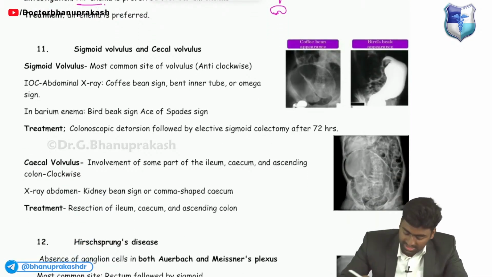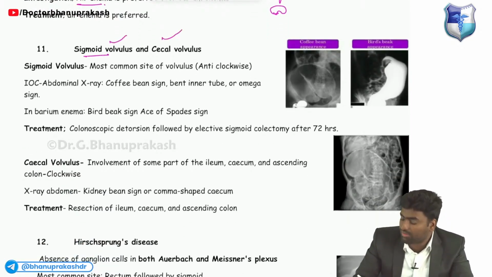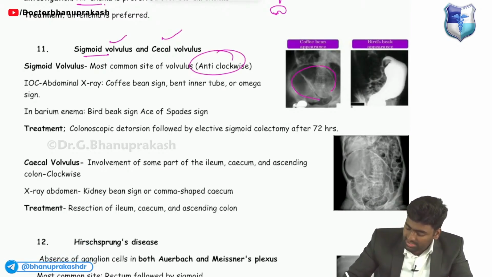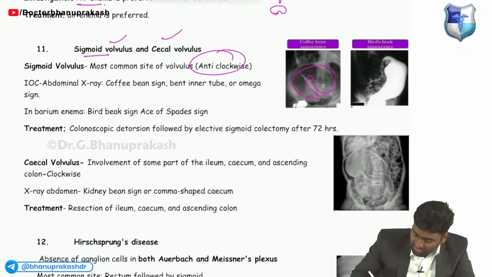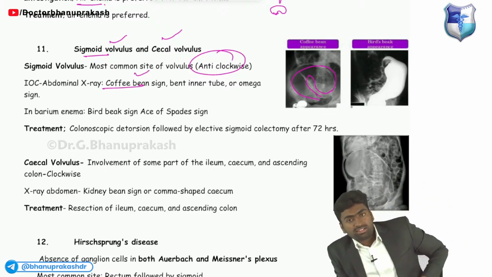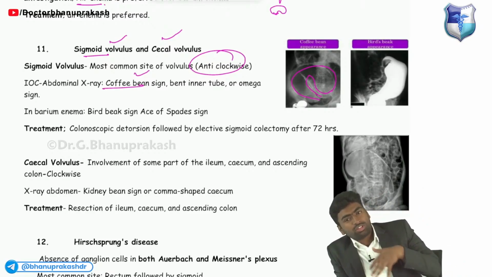Fine. Next are the two volvulus types, sigmoid volvulus and cecal volvulus. Sigmoid volvulus is always anticlockwise in nature and has the feature of a coffee bean sign. It usually originates around the left iliac fossa and goes to the opposite side.